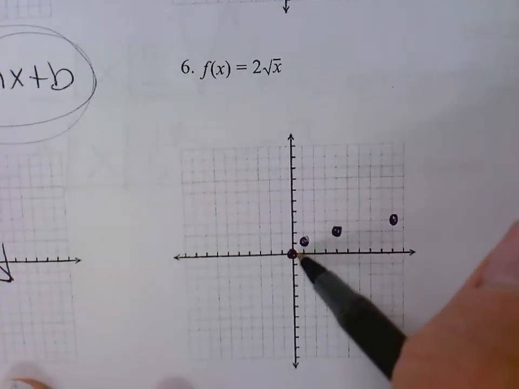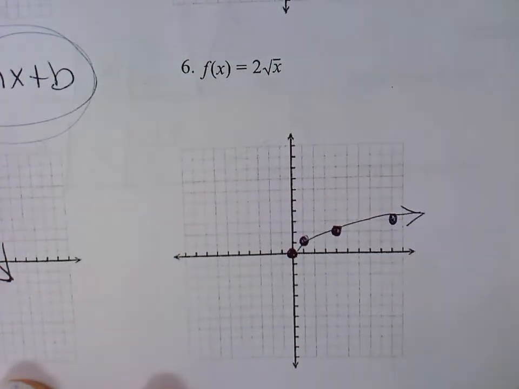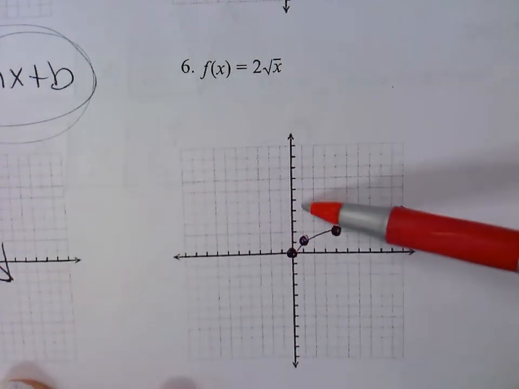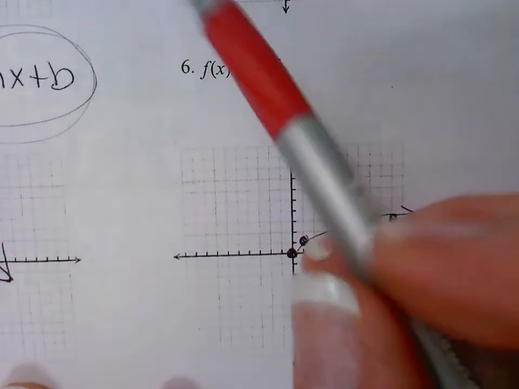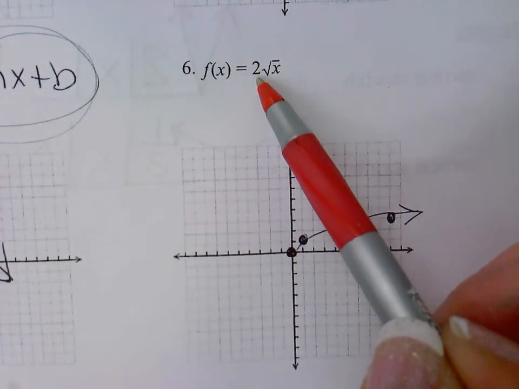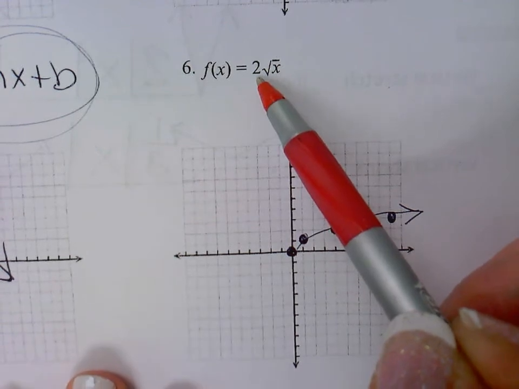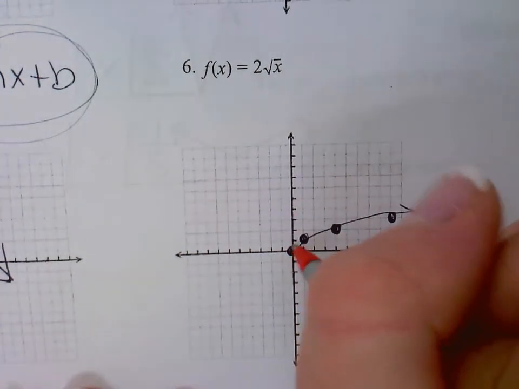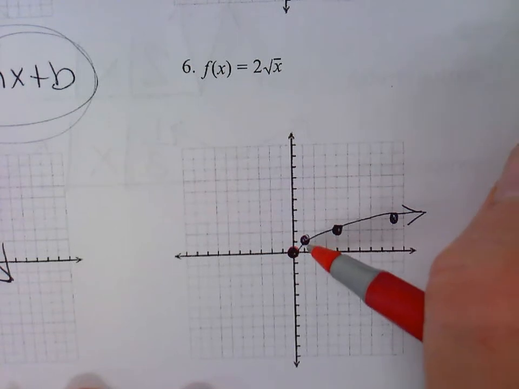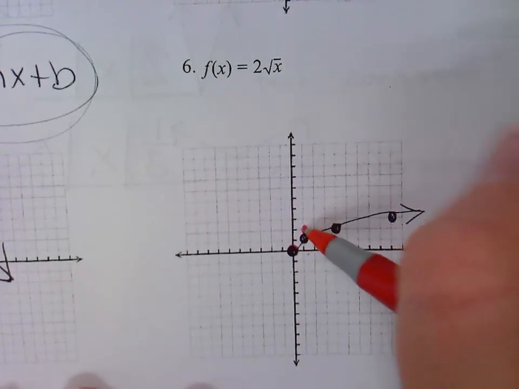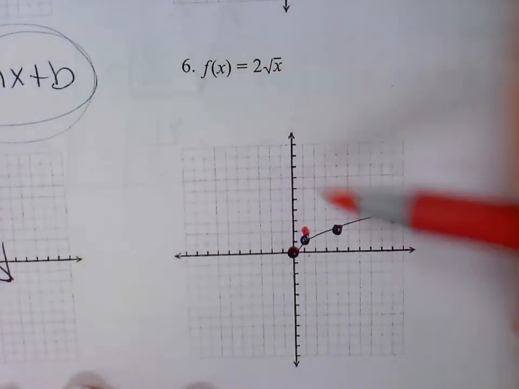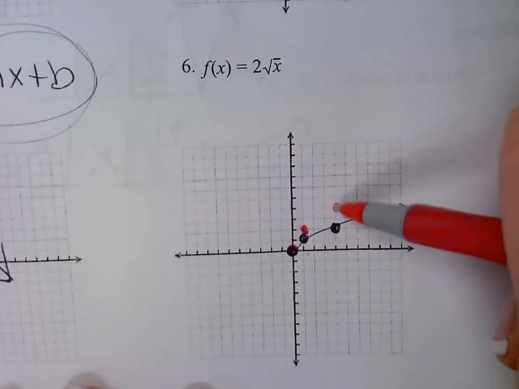So this is my original parent function. These x values are going to stay exactly the same, 1, 4, and 9. But I'm going to double each of the y values to make it twice as steep. So 0, 0 is going to stay the same, but instead of going over 1 and up 1, I need to go up twice as much, to 2. And then if you double 2, you should be at 4.